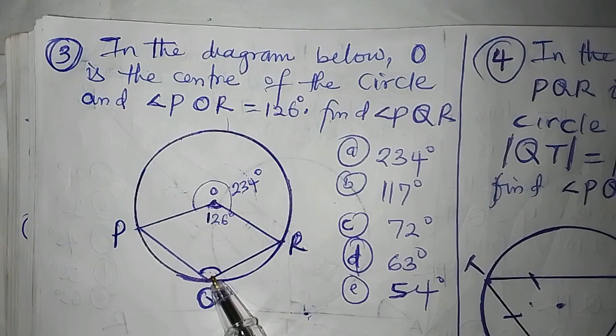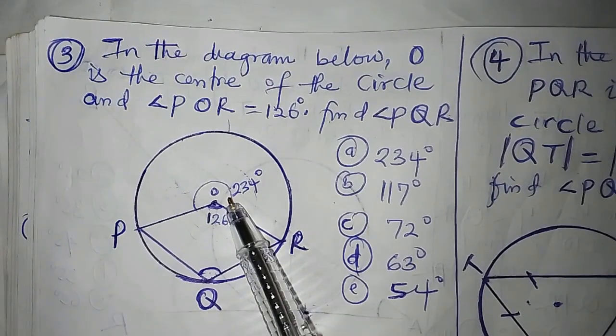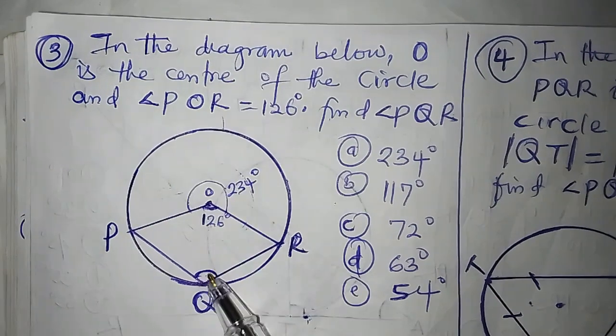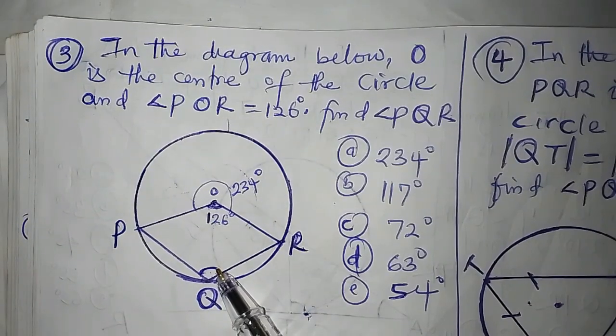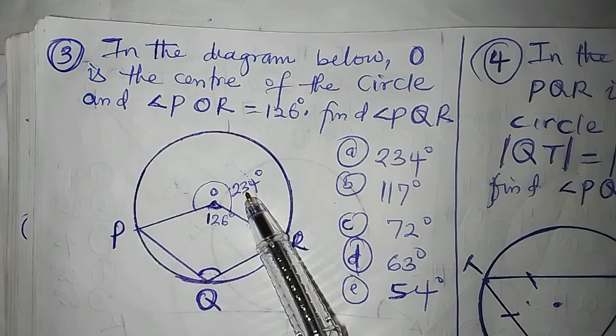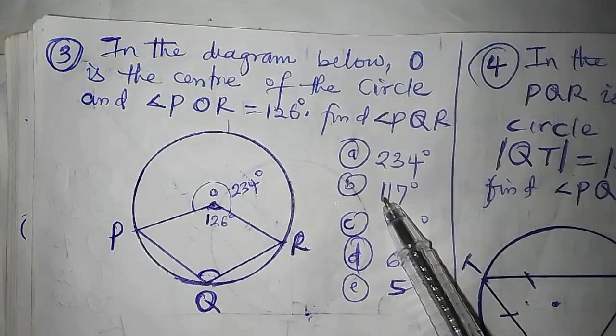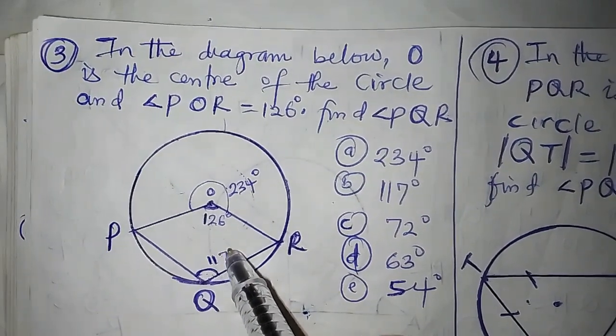Remember, the angle subtended by an arc at the center is 2 times the angle subtended by that same arc at any other point on the circumference. So to get this value of angle PQR, I will divide what is here by 2. And if I do that, I will get 117 degrees. So here is 117 degrees.